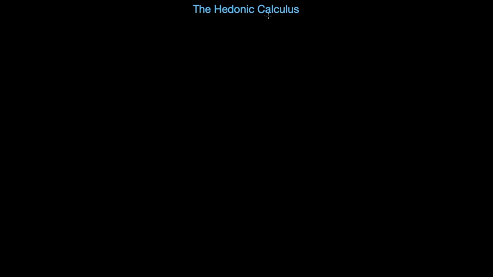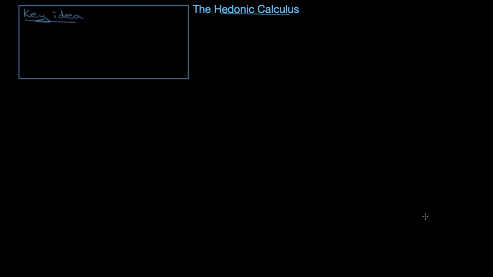Okay, so today we're going to look at the Hedonic Calculus, which is Jeremy Bentham's idea of how to calculate happiness. So the key idea with the Hedonic Calculus is that we can work out the type and nature, the quantity of pleasure.